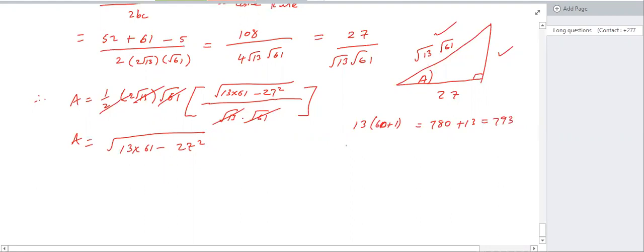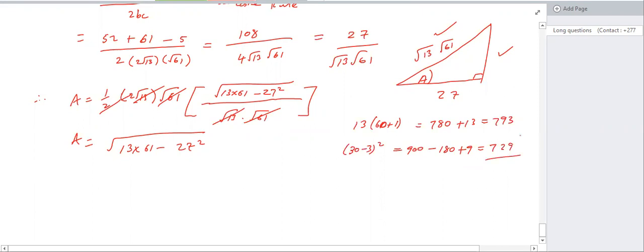And 27 squared, looking at 30 minus 3 squared, which is 900 minus 2 times 3 times 30, which is 180, plus 9. That should give you 720, 729.